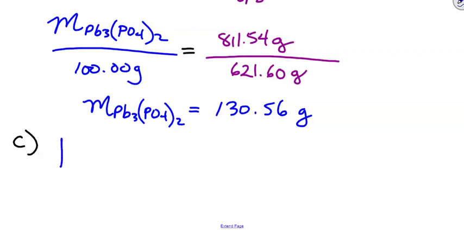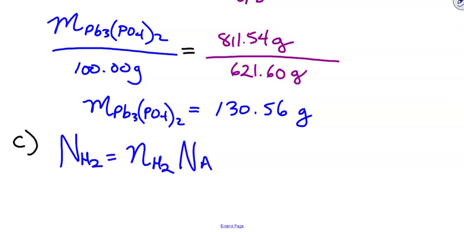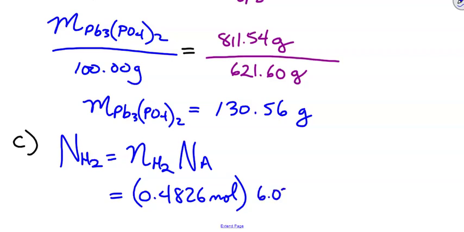So the number of molecules of hydrogen is equal to the number of moles of hydrogen times Avogadro's number, 0.4826, again, molecules per mole.